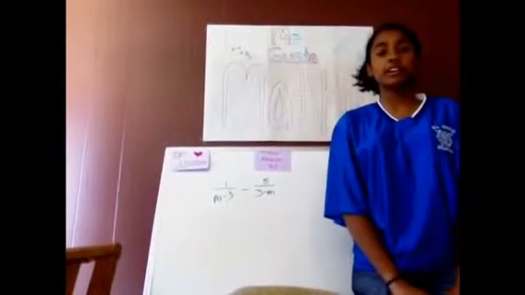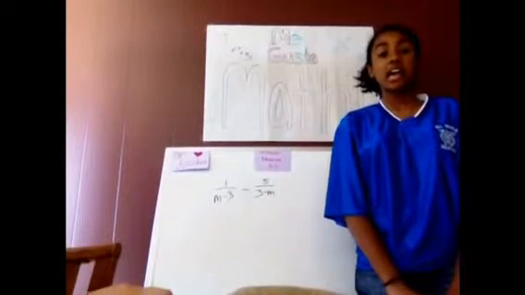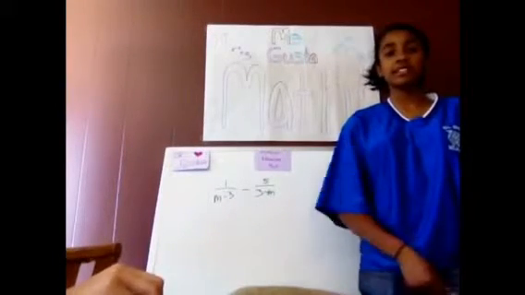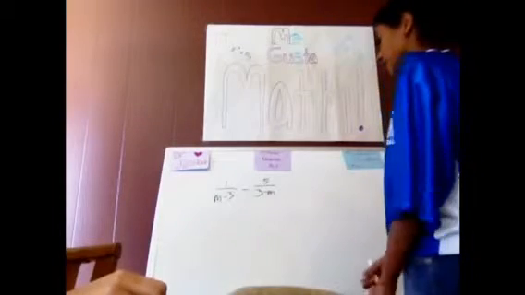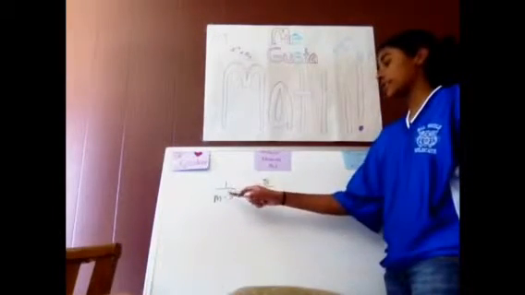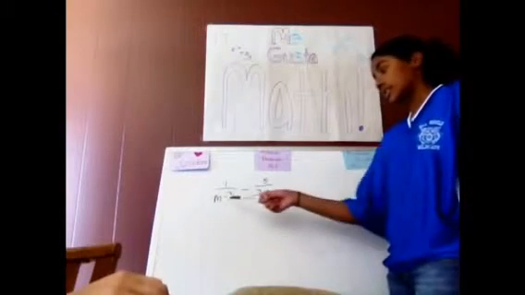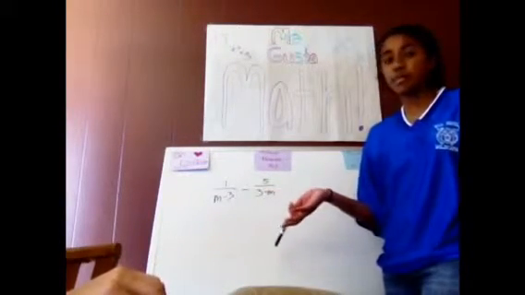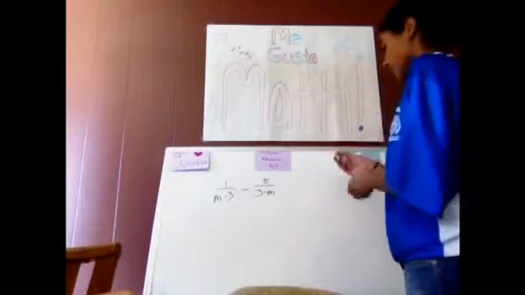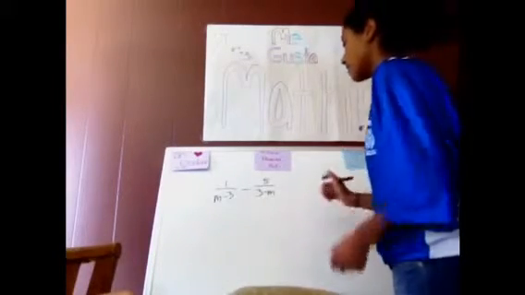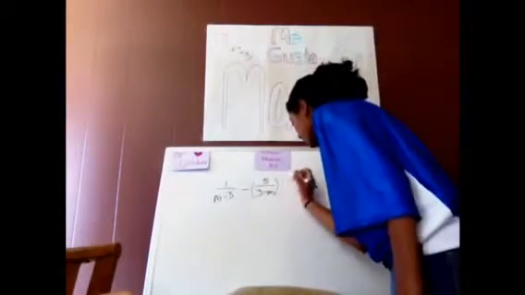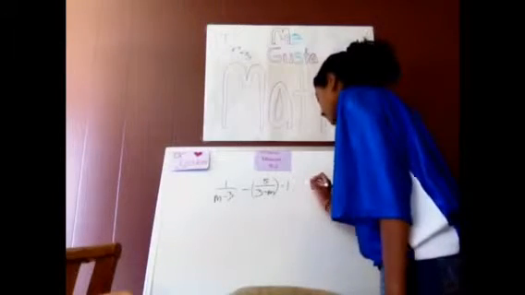Now we're going to learn how to solve expressions that have two different denominators. First, you see that we have 1 over m minus 3 minus 5 over 3 minus m. These two denominators are opposites. So what we're going to do is multiply by negative 1. So you're going to multiply the whole thing by negative 1.